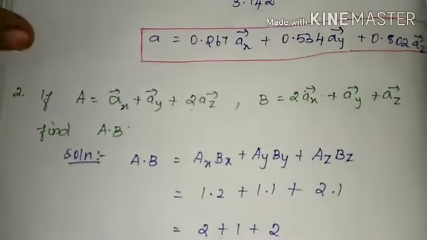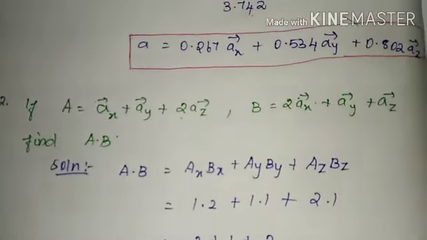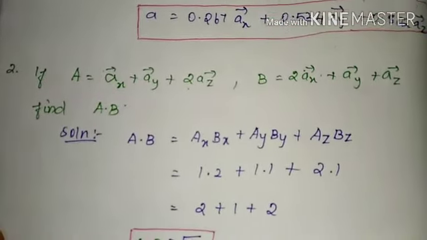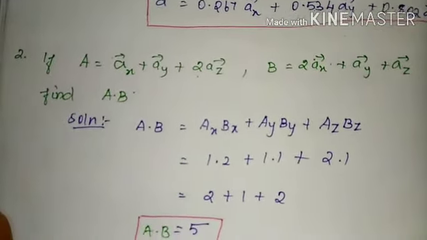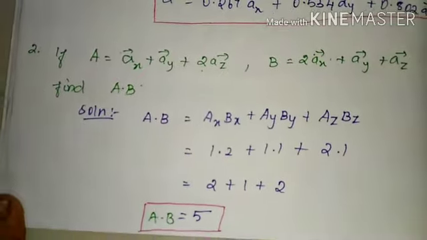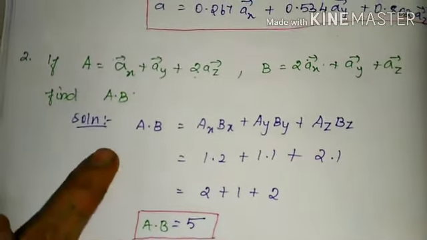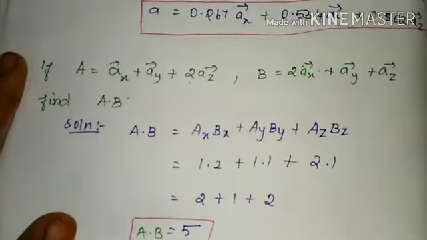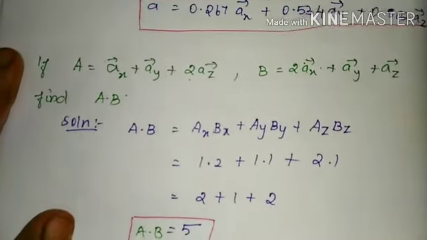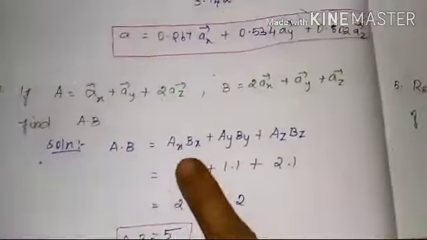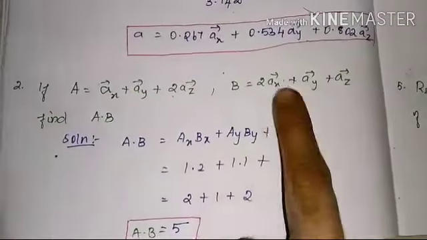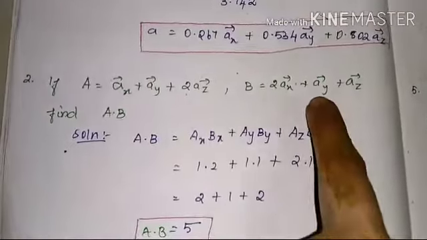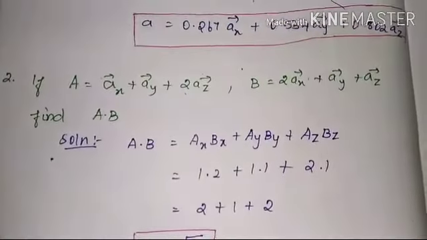If A is equal to ax plus ay plus 2az, B is equal to 2ax plus ay plus az. Find A dot B. Right? A dot B is equal to, by multiplying these two terms, ax into bx plus ay. See here carefully. So coefficient of ax and coefficient of ax should be multiplied. Coefficient of ay and coefficient of ay should be multiplied.